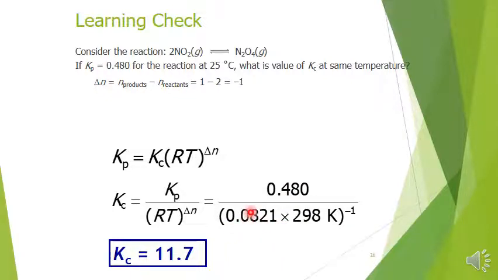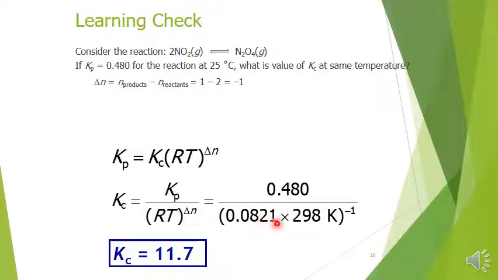We're leaving the units off here, but it'll all work out. Sometimes we just sort of skip over the units.